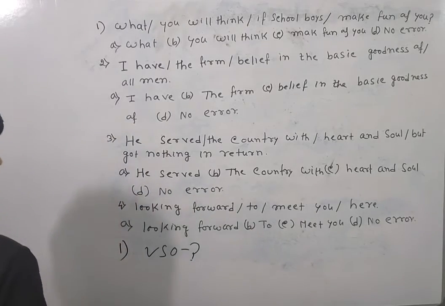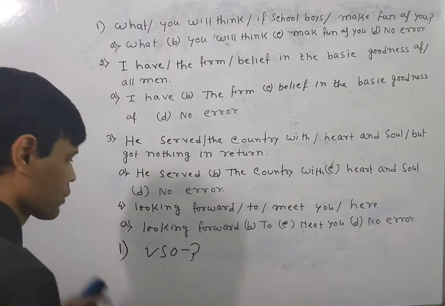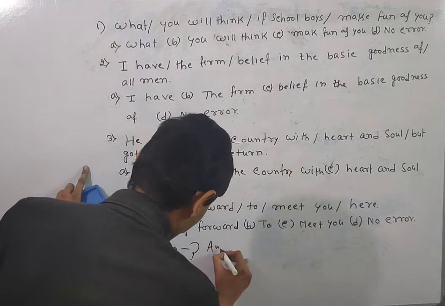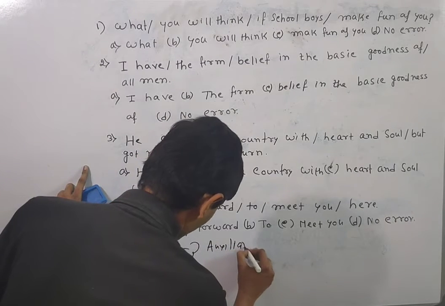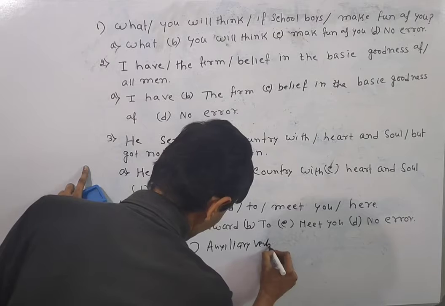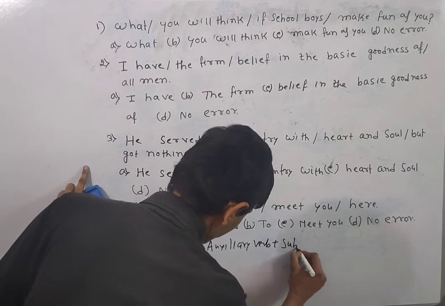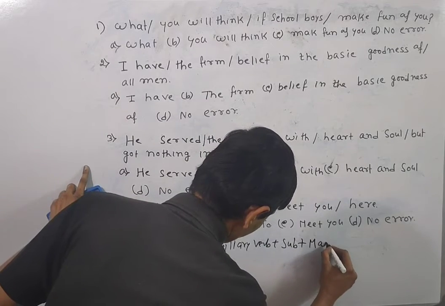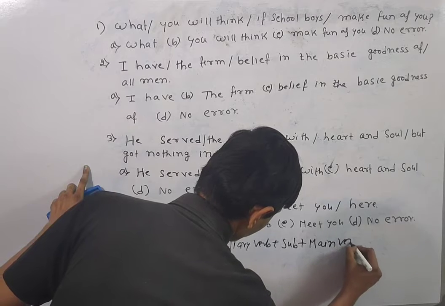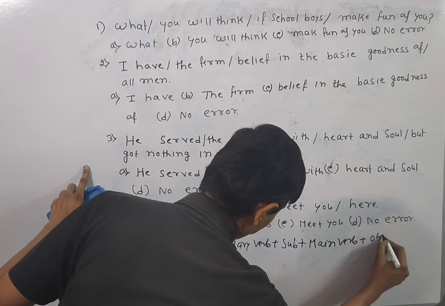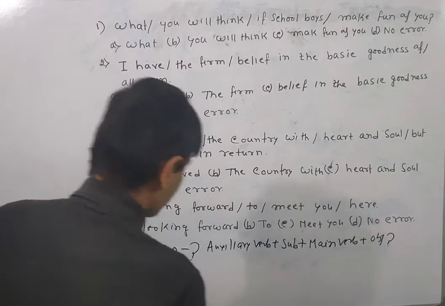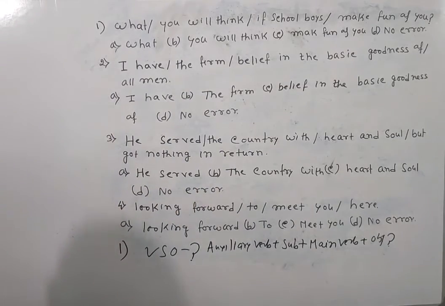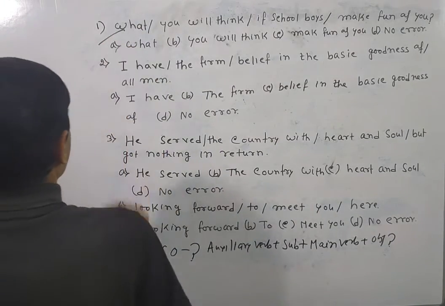VSO order means auxiliary verb, subject, main verb, object, if any.